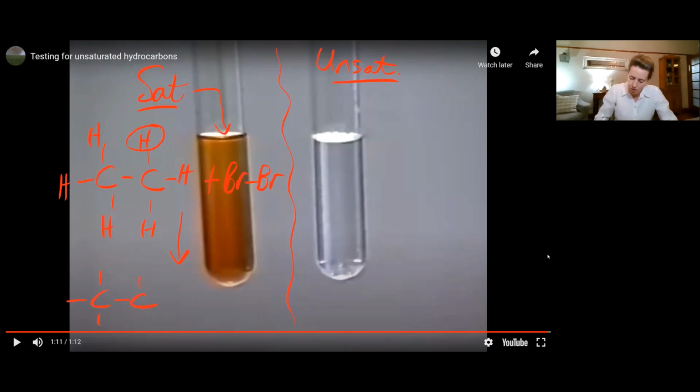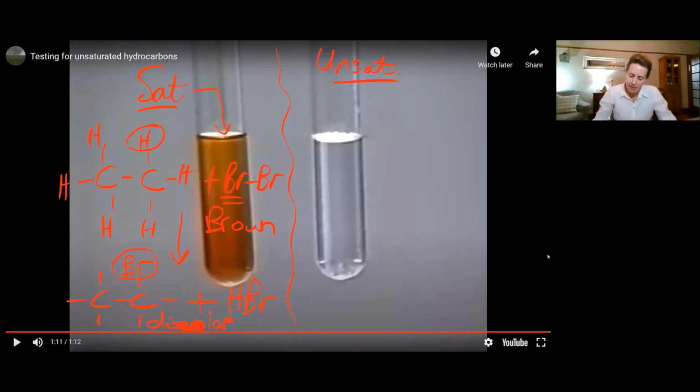I'm not going to draw the hydrogens, but we might say that this hydrogen will be replaced by one of these bromines, and then the other product will be HBr coming off. This might discolor, but over a long period of time. Bromine water is brown, and so it will eventually discolor if it goes and attaches itself onto the carbon chain. But this takes a long time to do.